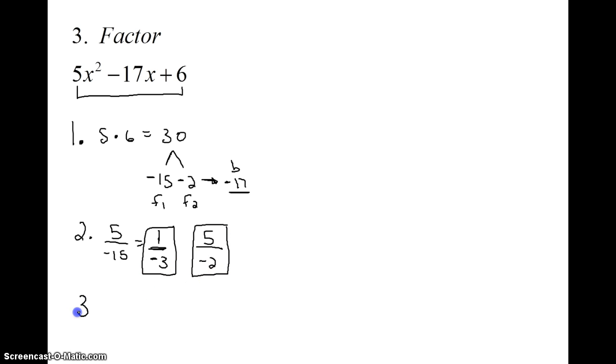For step number 3, you're going to have your two parentheses. The first parenthesis is going to represent the first fraction. This is number 1, this is number 2. Number 1 is in front of the x, so 1x. Number 2 is after the x. Now remember that negative? So negative 3, you're going to put minus 3, you carry the negative 3.